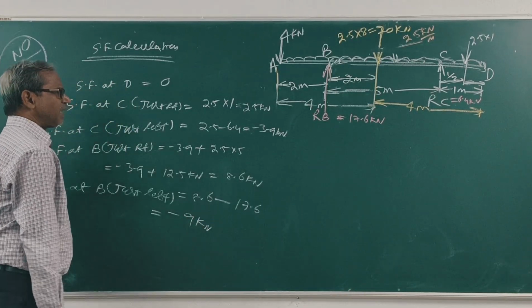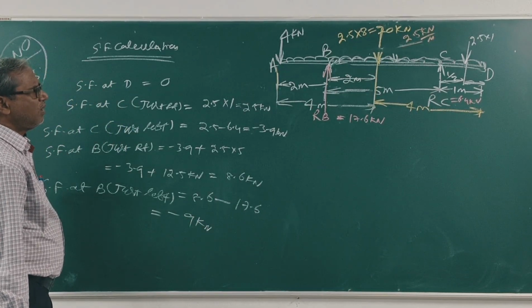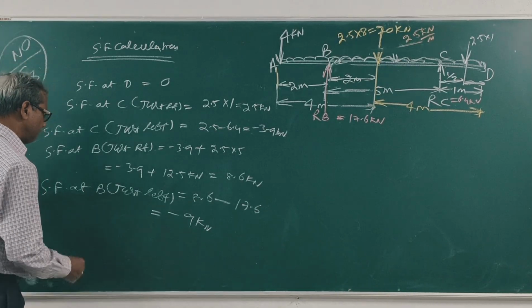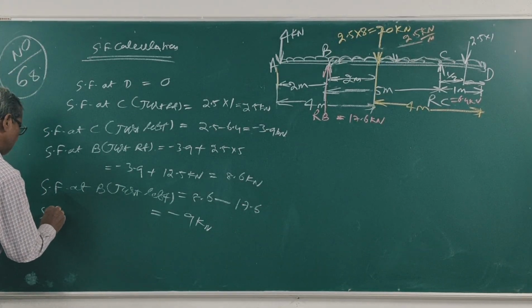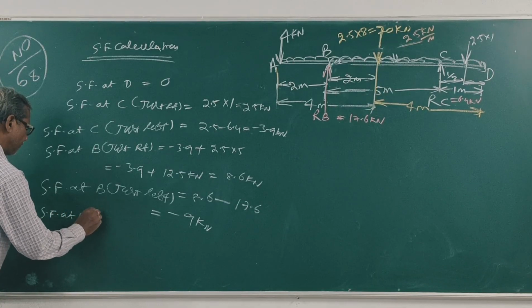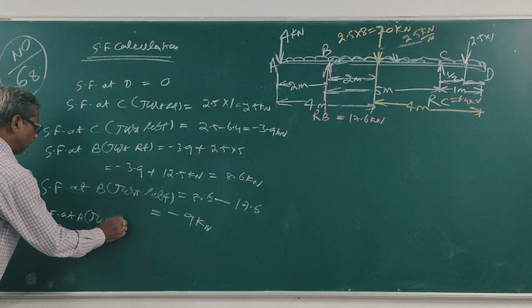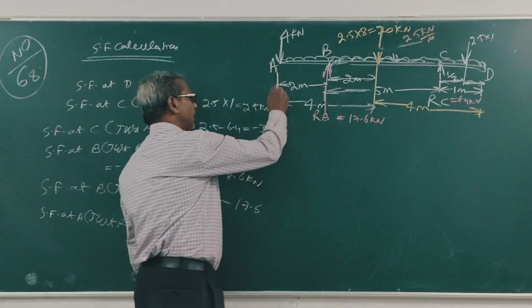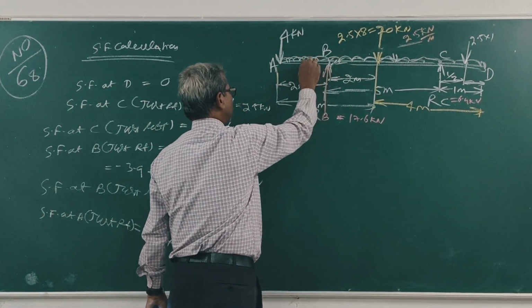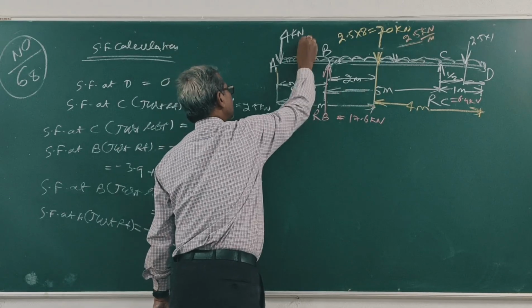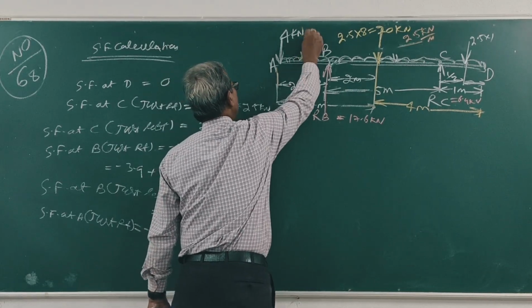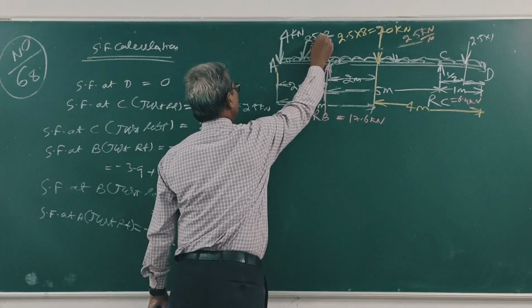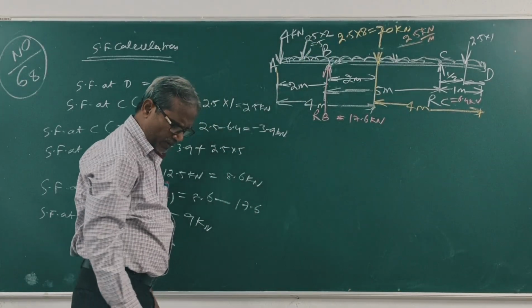At B just left, A just right. Shear force at A just right. Minus 9 plus this. What is this? 2.5 into 2, 5 kilonewton. Right?